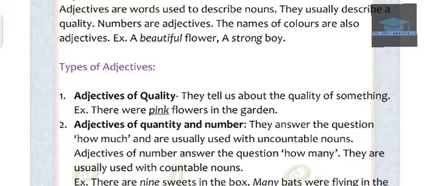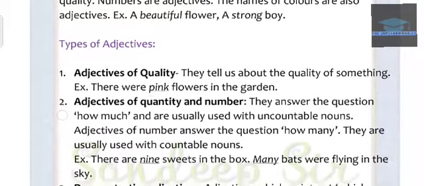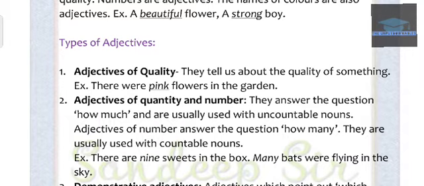They answer the question how much and are usually used with uncountable nouns. Adjectives of number answer the question how many. They are usually used with countable nouns. So adjectives of quantity answer the question how much, and adjectives of number answer the question how many.